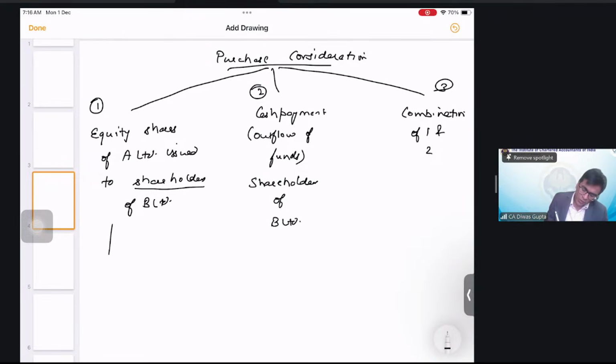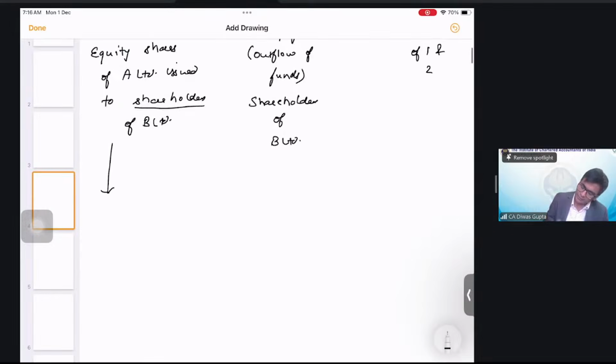Now here the question comes, what is the right swap ratio? Swap ratio means how many shares of A Limited in exchange of how many shares of B Limited. Correct?